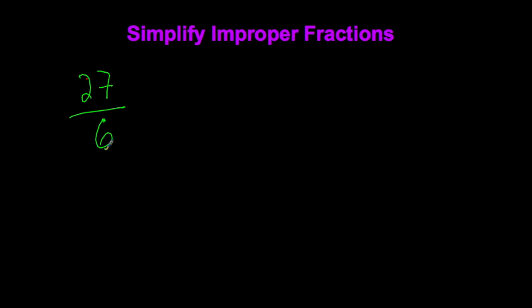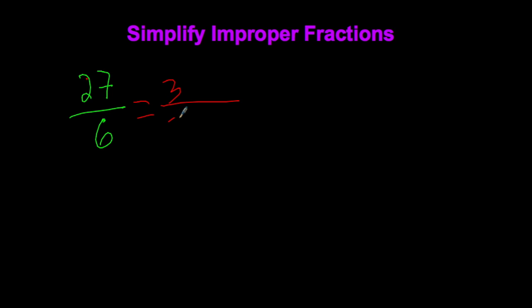Now let's say we have 27 over 6. We're asked to simplify. 27 is larger than 6, so this is an improper fraction. So 27 is an odd number, 6 is an even number, so they're not divisible by 2. So we're going to try to figure something out and see how we can simplify them. You can break 27 down to get a 3, and you can break 6 down to get a 3.